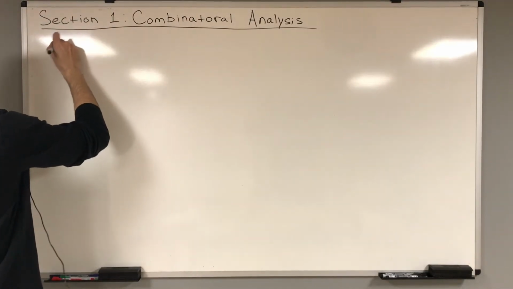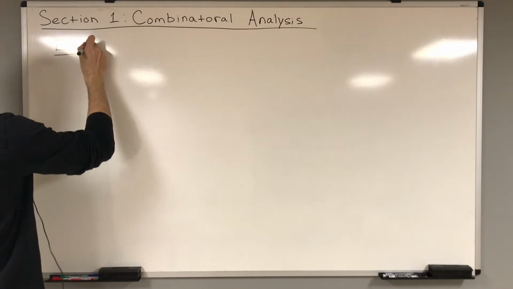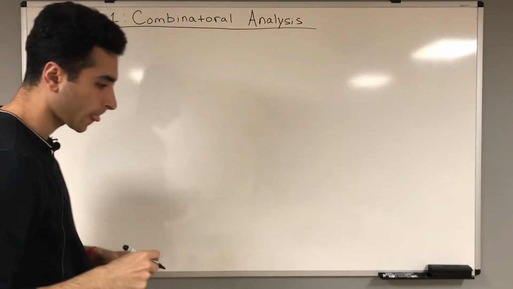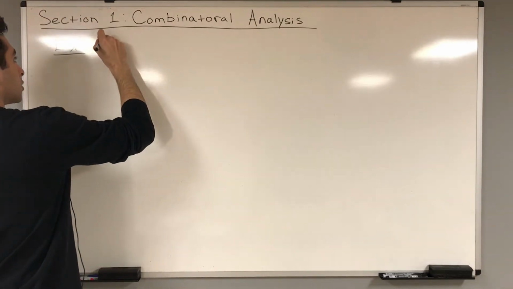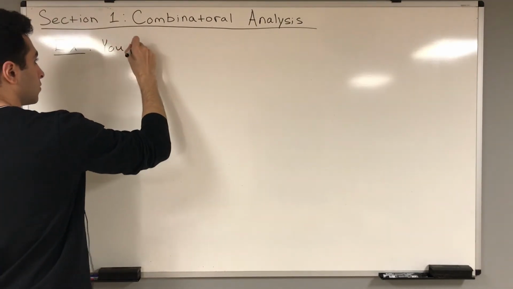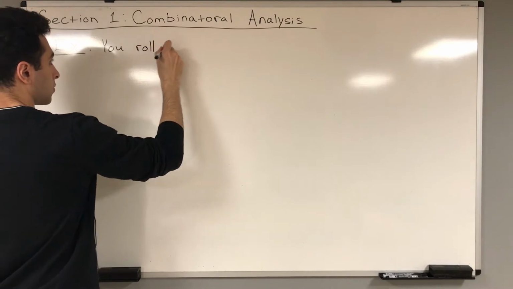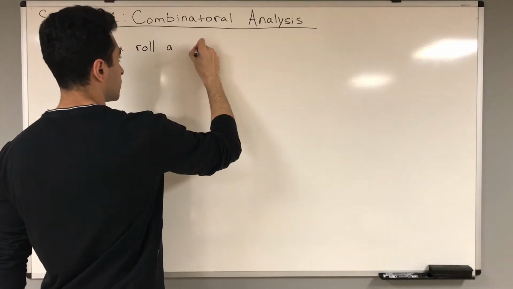So our first example. It goes like this. You roll a 6-sided die.